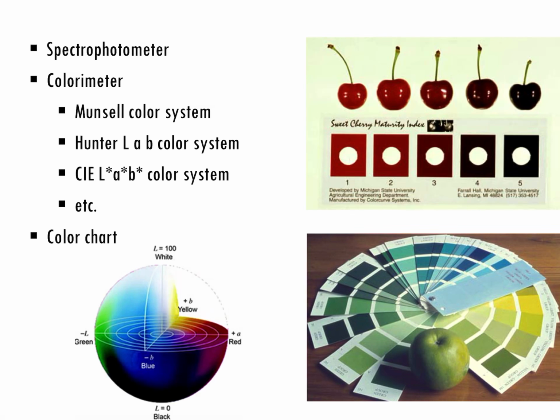The A value represents red color when positive and green color when negative. For the B value, positive B represents yellow color, but negative B is blue color. These 3 numbers will be the specific characters of the spot that we measure and capture.